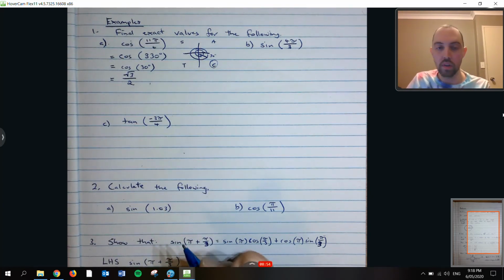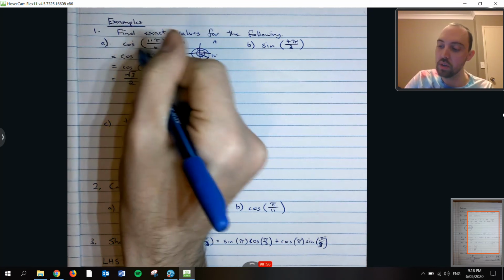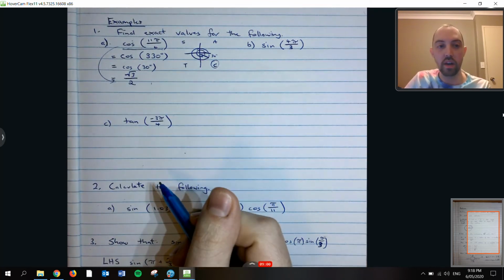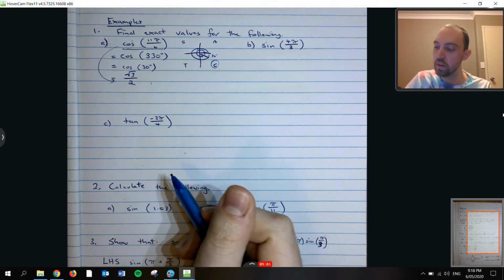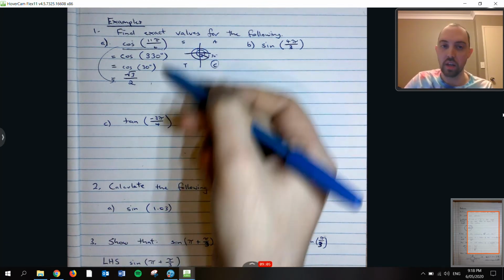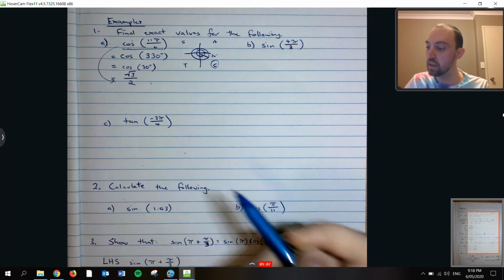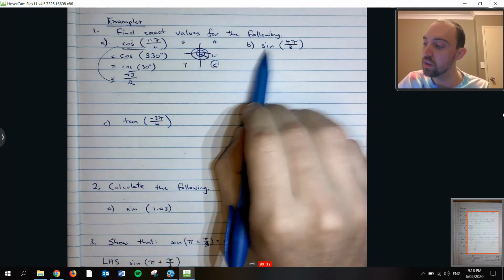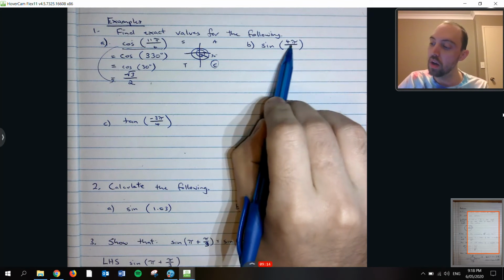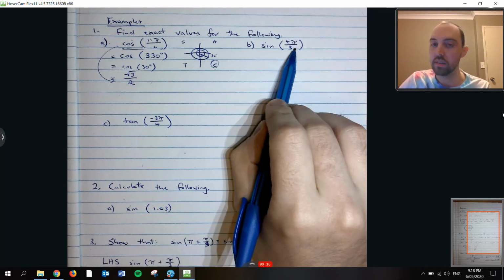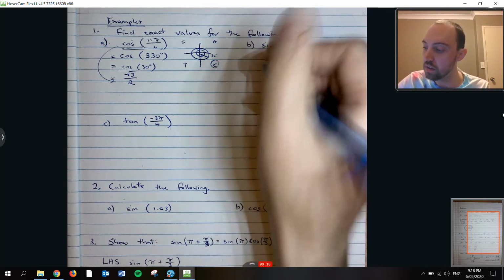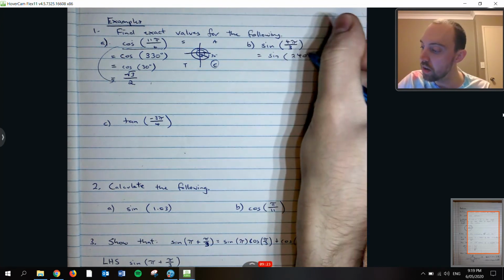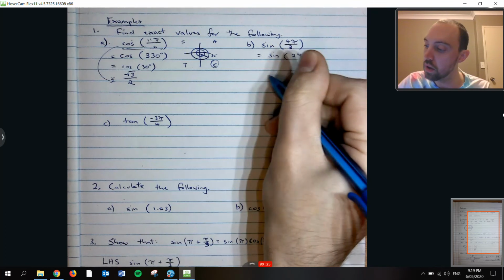So the more you do this, the quicker you'll be able to associate, and you'll be able to go from this first step straight to this last exact value, but maybe showing the thinking that you might be doing as you start off with these problems can help. So sine of 4 pi on 3, remember pi on 3 is 60 degrees, so we have 4 lots of 60 degrees. So you might think of this as sine of 240.